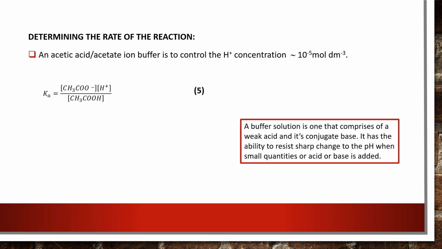The acid dissociation constant for acetic acid is given at 25 degrees Celsius as 1.8 times 10 to the minus 5. For this experiment, you're required to find the concentration of the H+ species, and as such, you do this by making H+ the subject of the formula.